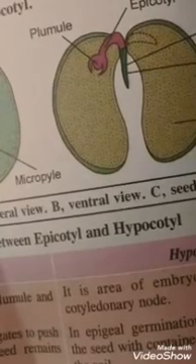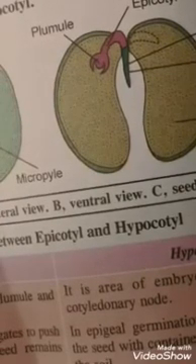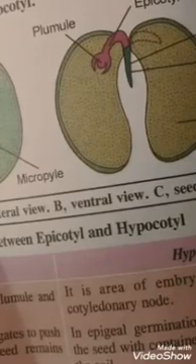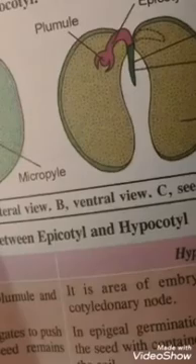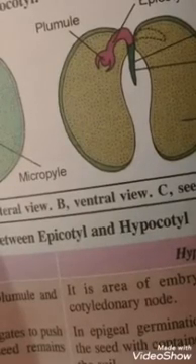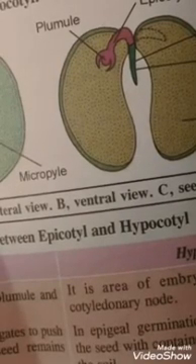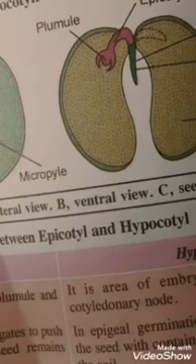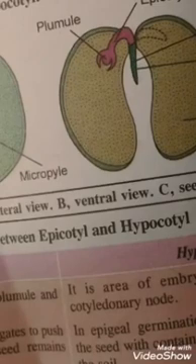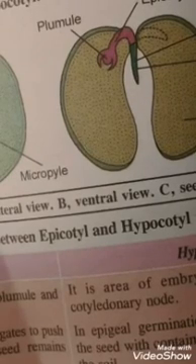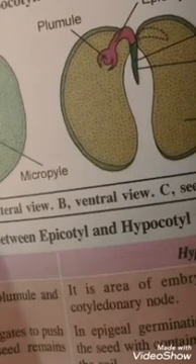As the seed matures, the water content is reduced and the seed becomes dry. The embryo may enter a state of inactivity called dormancy.